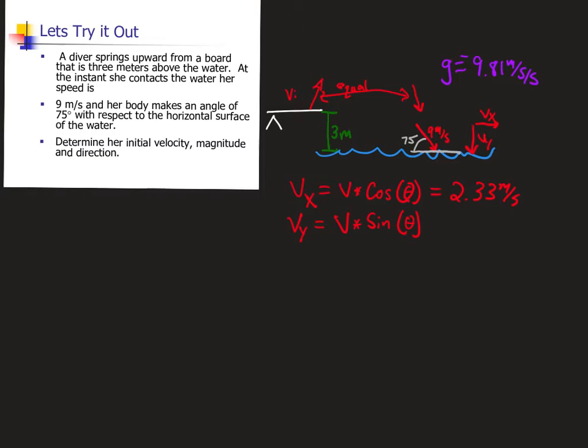And the sine of 75 times 9 gives us 8.693. We'll just go 8.7 meters per second there.